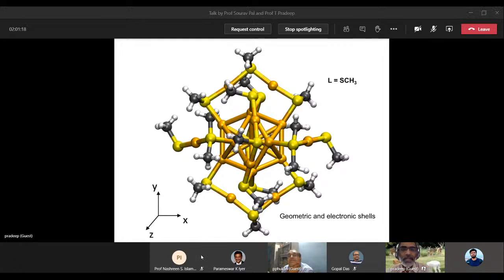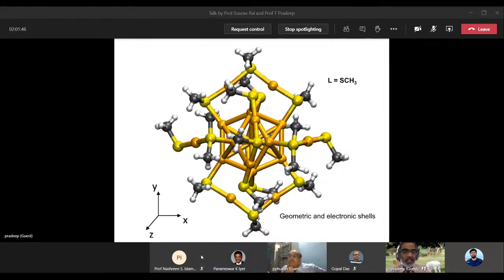These are specific locations, these are ligand locations, 1, 3, and 5. If I look at this particular position and this particular position, they will be more accessible than other positions for a given ligand.